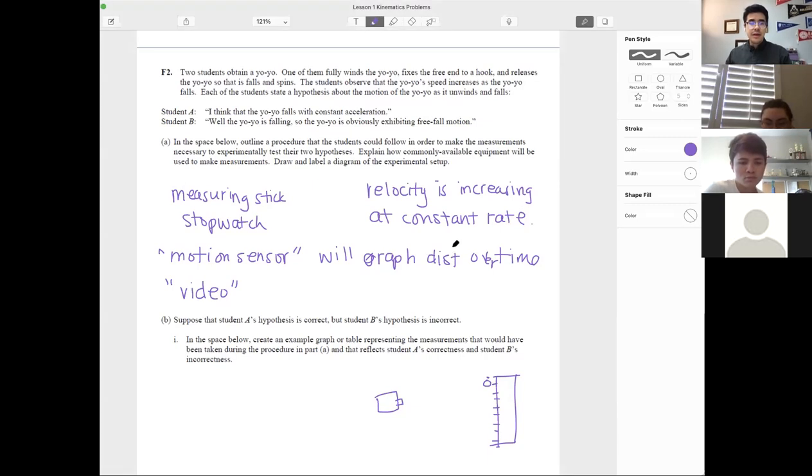Out of curiosity, who do you think is more correct? Student A. Why do you think Student A is more correct? Because they're trying to measure the acceleration as it's spinning at the end, correct? Rather than it dropping. Mm-hmm. Anybody else?